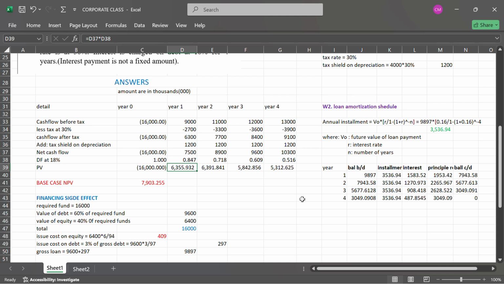5,312.625, and then we sum up these values as present value of the cash flows to get the NPV, best case NPV of this project that has been computed as it is financed by equity only. The best case net present value is equal to 7,903.255.